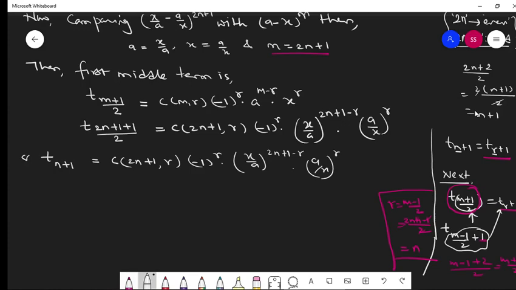Okay dear students, now I will write, that implies t(n+1) equal, r is n. Now you are confident about that.